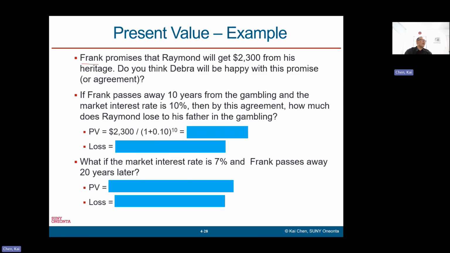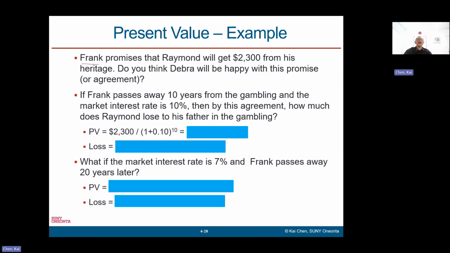Suppose Frank promises that Raymond will get $2,300 from his inheritance. Do you think Deborah will be happy with this promise? We can say this promise is a kind of agreement between Frank and Raymond.